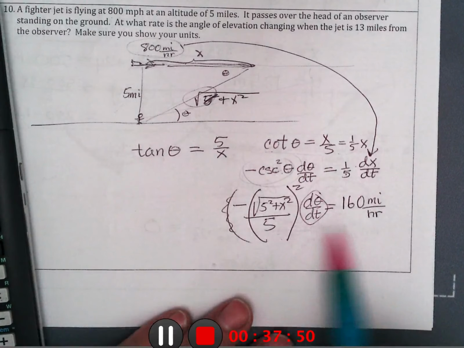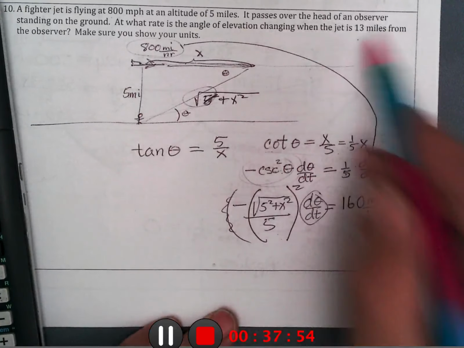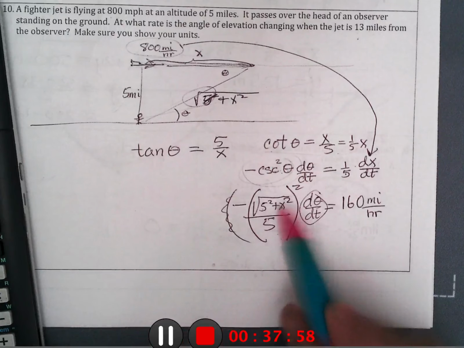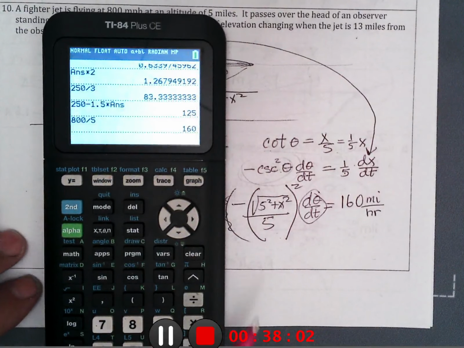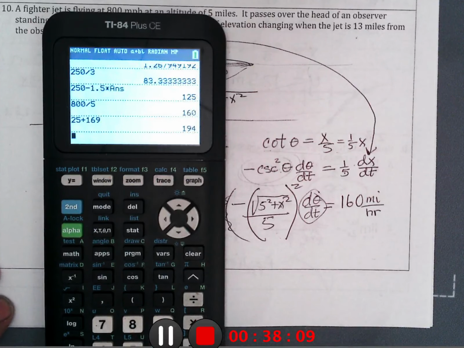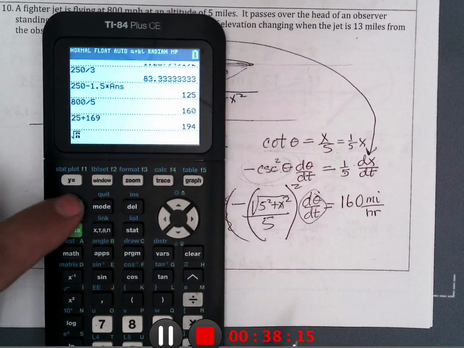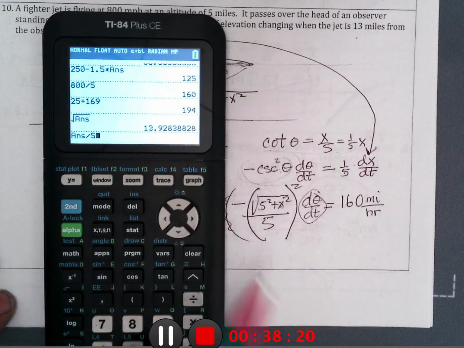And I'm supposed to do this when x is 13. So I'm going to put 13 in here. So I'm going to get the square root of 25 plus 169. That's 13 squared. And I'm going to take the square root of that and then divide it by 5 and then square it.